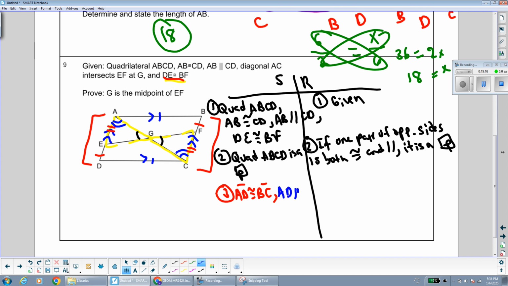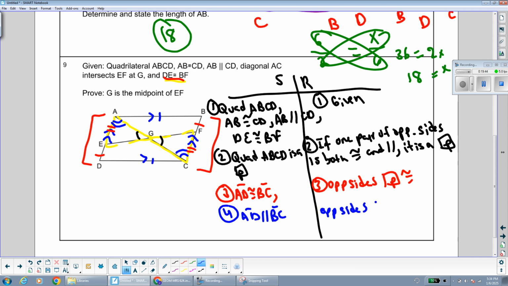The other pair of opposite sides are also parallel. I should probably put these as 2 separate statements, because they do use 2 separate reasons. So for number 3, I'm going to put opposite sides of a parallelogram are congruent. And for this one, I'm going to put opposite sides of a parallelogram are parallel.